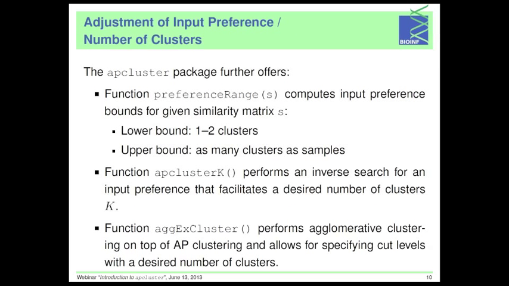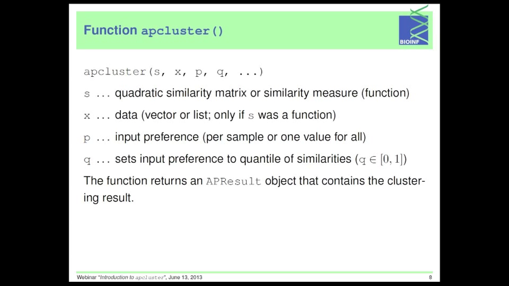Okay, about the adjustment of input preferences or the number of clusters. You can always adjust P, yeah? But actually it's quite hard to determine a good P. It's on a dimensionless scale, and it's very hard to find a good value just by thinking about it.